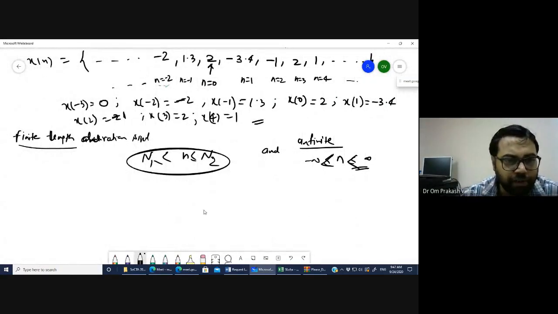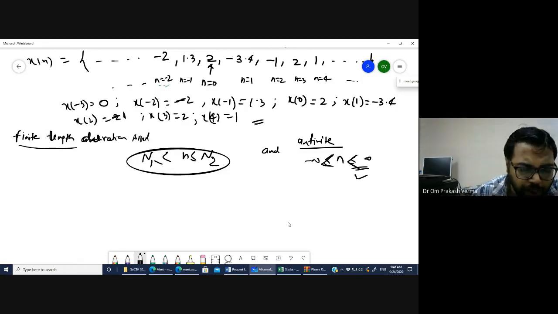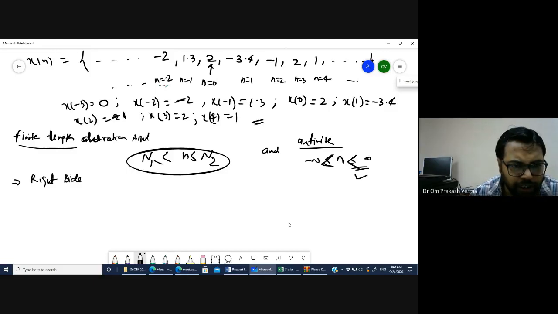So this is the finite duration signal. This is the infinite duration signal, limiting from n equals minus infinity to infinity. Some signals are right-sided signals as well as left-sided signals. I'm not going into the causal and non-causal types of signals because I have not yet taught them in class.